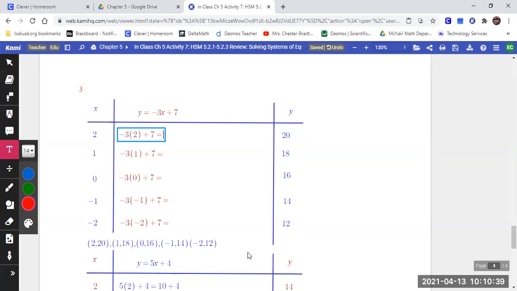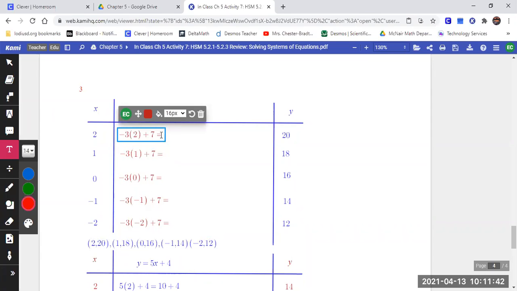What's the first one going to say? What's my math, guys? That says negative 3 times 2.